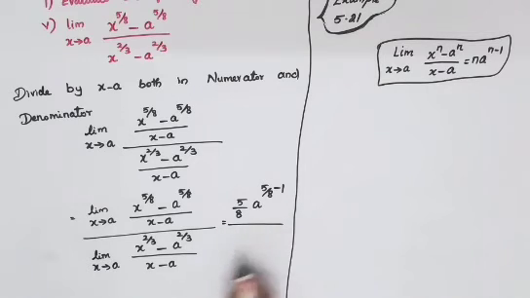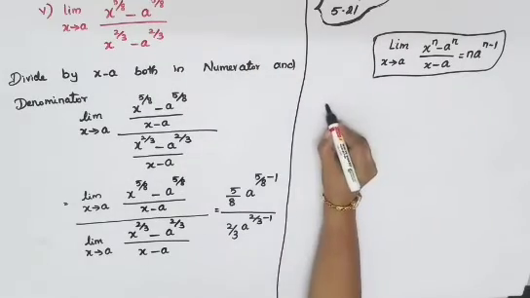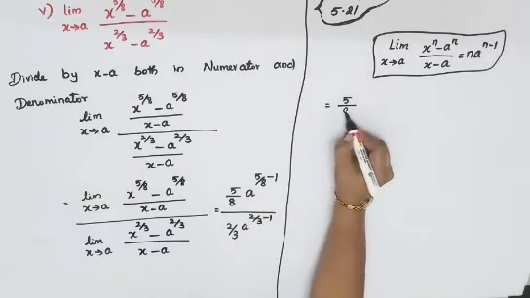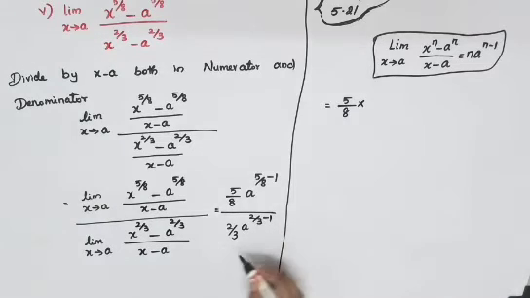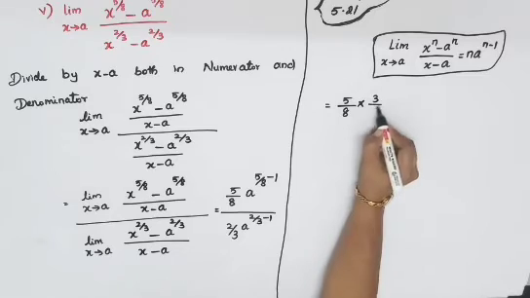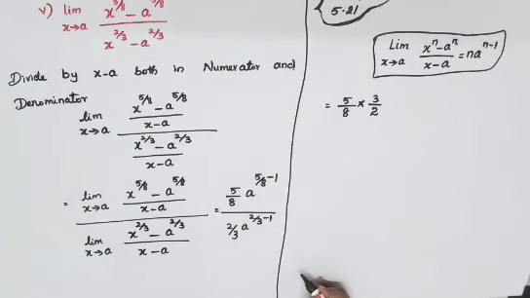For the denominator, again with the limit, your formula is here 2/3, so 2/3 a power 2/3 minus 1, which is equal to 5/8 as it is, into this 2/3. If you take it to the numerator, it will become 3/2, otherwise the reciprocal you will have to write.